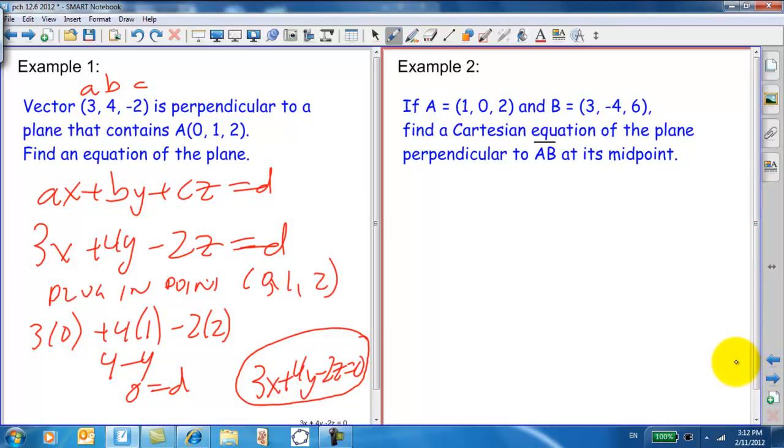Now, example 2. If a equals 1, 0, 2 and b equals 3, negative 4, 6, find a Cartesian equation of the plane perpendicular to AB at its midpoint. Well, I think we're going to want this midpoint, but we can also use vector AB as the normal vector to the plane.